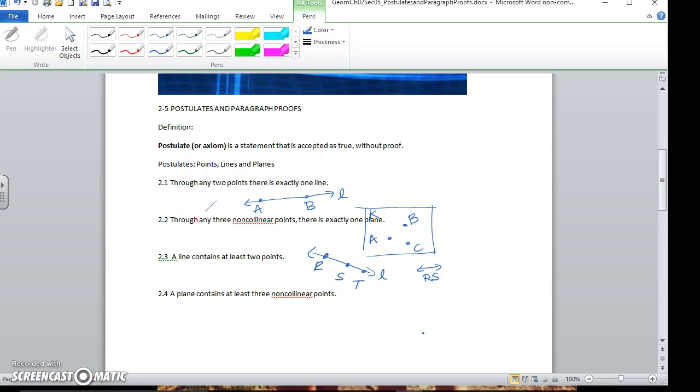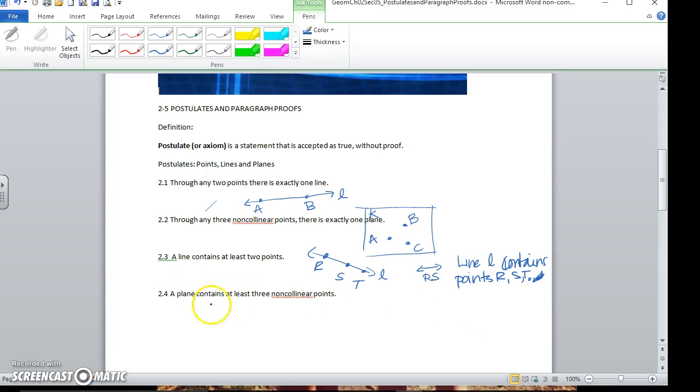So line L contains points R, S, and T in this case.